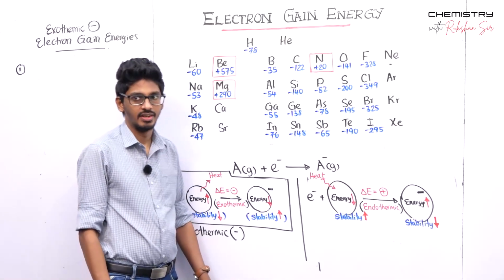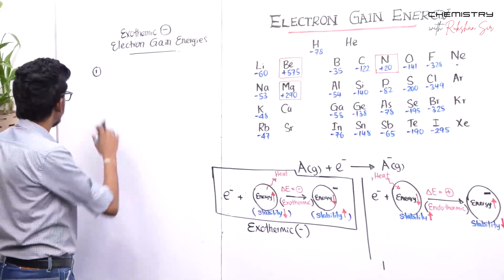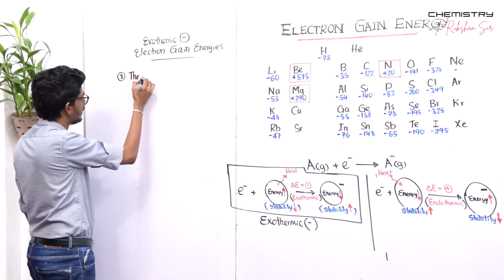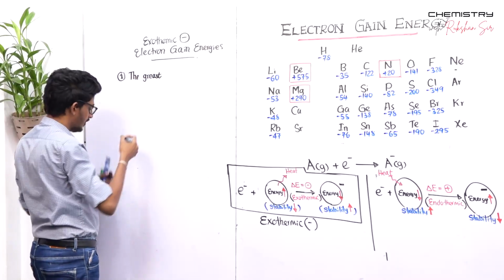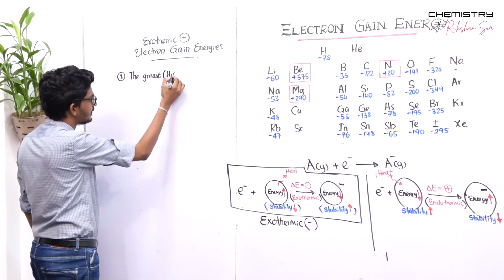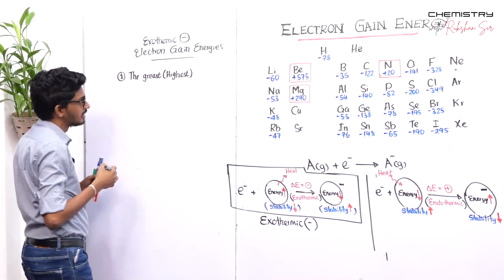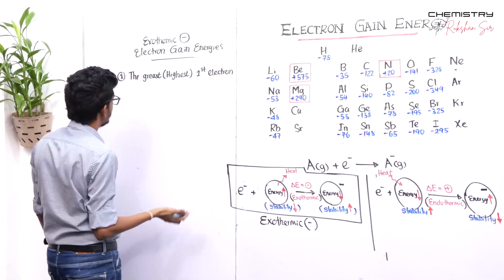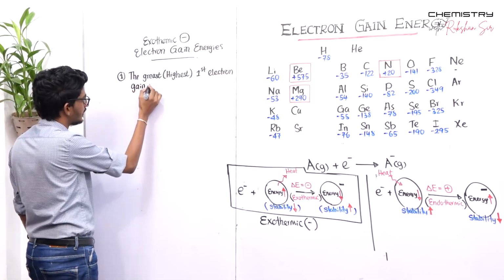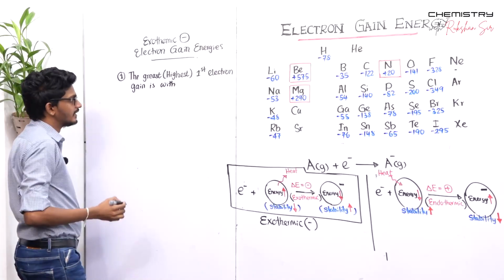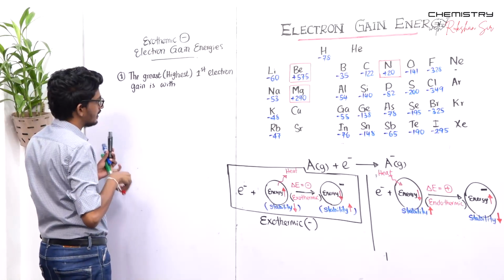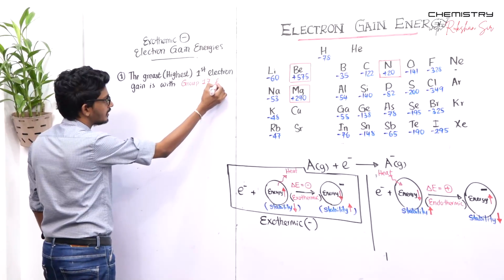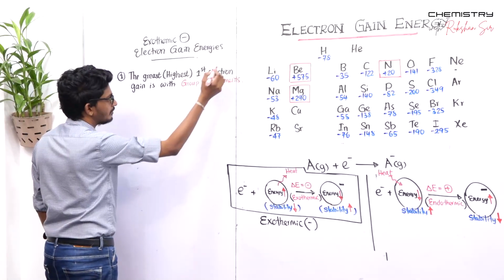First thing we need to grab from these trends: the greatest or the highest first electron gain is with group 17 elements.